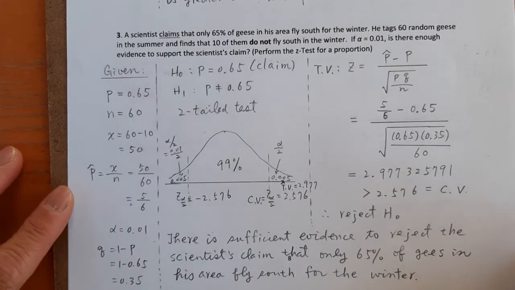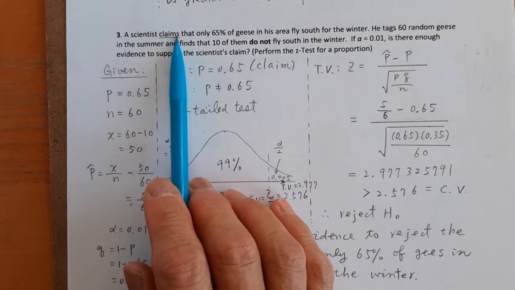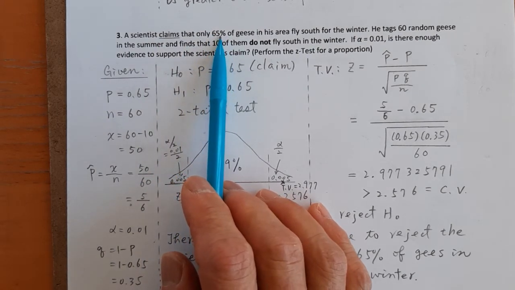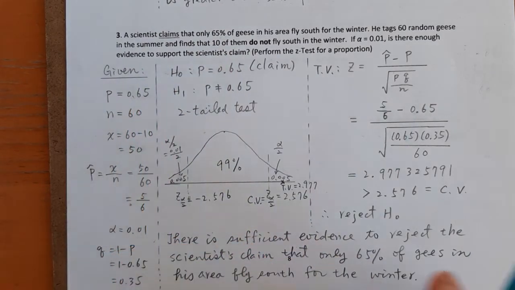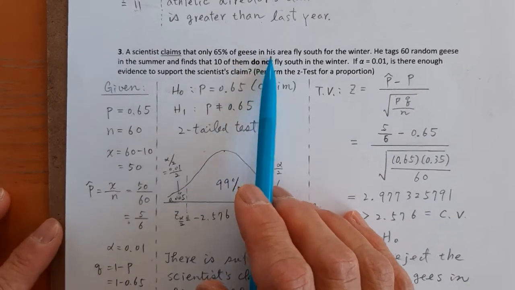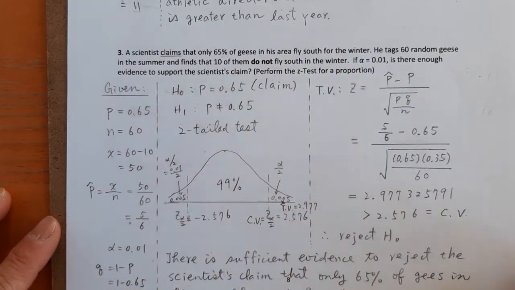Then question 3. Scientists claim that only 65%, so this is a proportion problem, P equals 0.65, of geese in his area fly south for the winter.